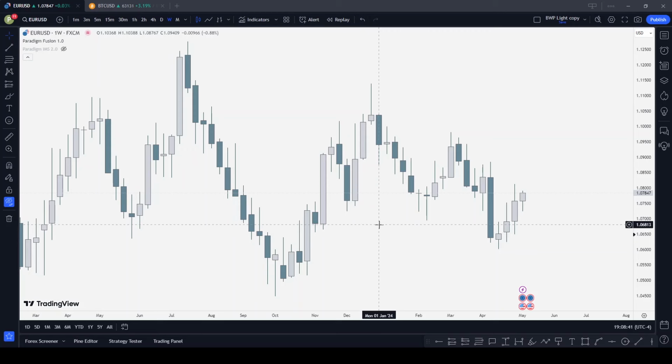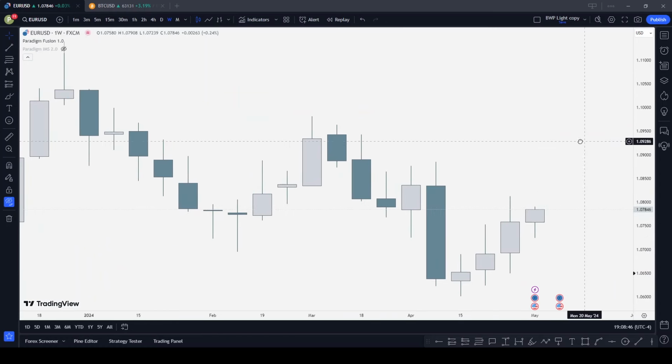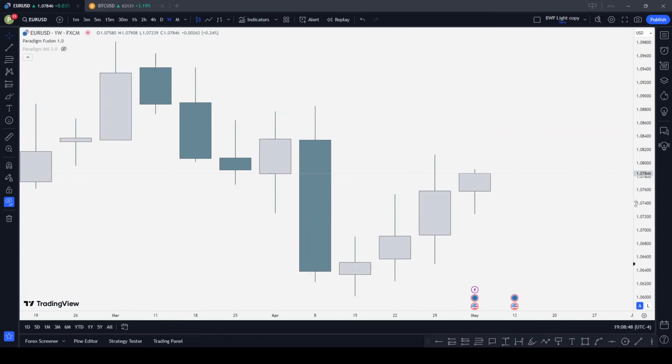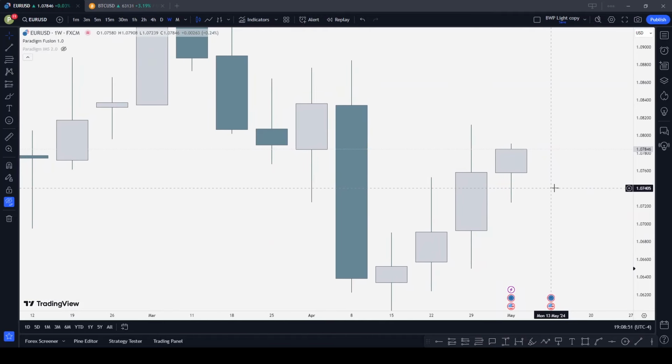Okay, the first thing is the concept of open, high, low and close. Okay, so every Japanese candlestick carries four important data points: the open of the candle, the high of the candle, the low of the candle, and the close of the candle.